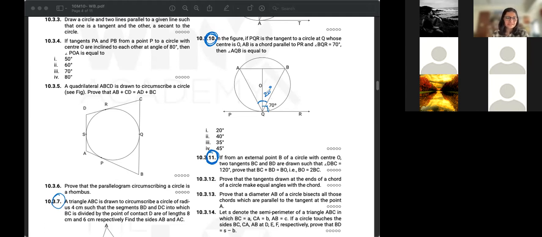Up to here it is absolutely right. You also have to make use of the fact that these two are parallel. Who can prove that AQB is 40?